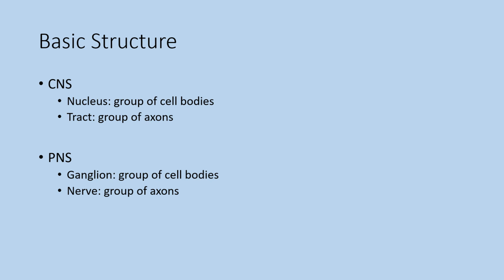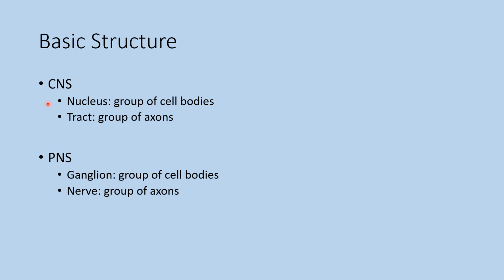So if you look at the basic structure, once again, CNS is central nervous system. And I know this can be confusing, but here we go. When you have a group of cell bodies, it is known as a nucleus. And I know we use this term a lot, with little different interpretations in biology.